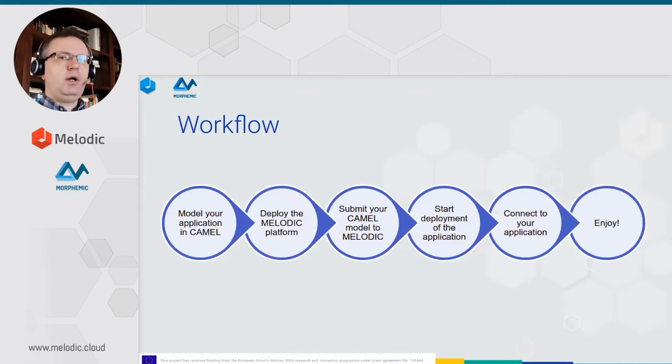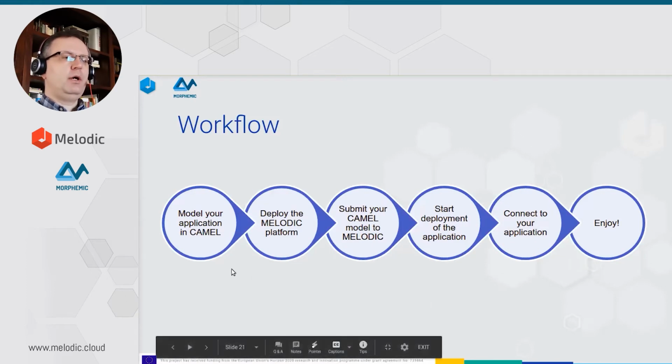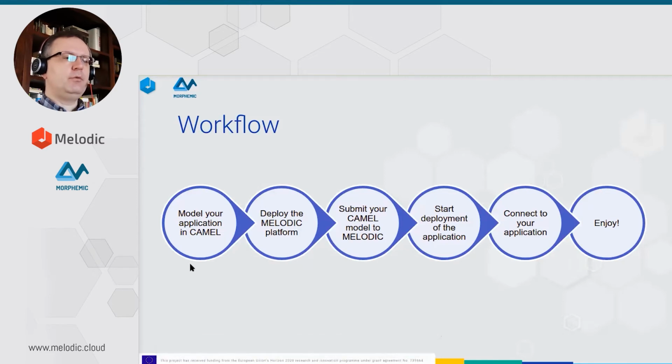And now Ala will show the live demo of how Melodic works. We will go through the whole workflow. We will start with the CAMEL model of the application. Then maybe we will not deploy the Melodic platform, but briefly show it.